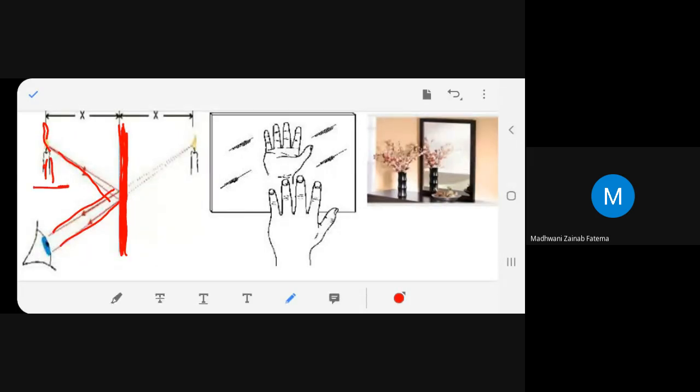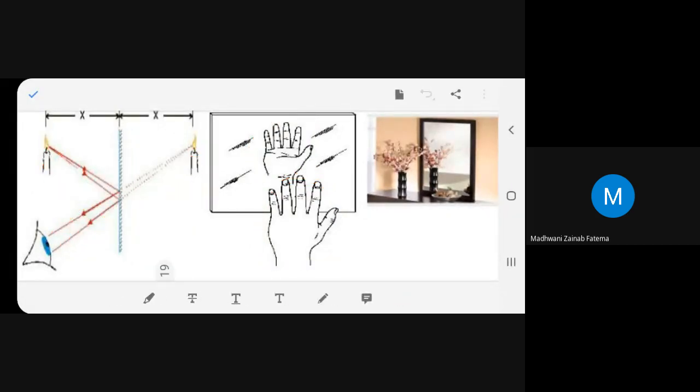And you can see this candle at the same distance away, the image in the mirror over here. Yes or no? Distance remains the same. You have understood how this is happening. Watching yourself in the mirror, the same thing is happening. Now, this is your right hand. Which hand will be shown over here in the image? Left hand.